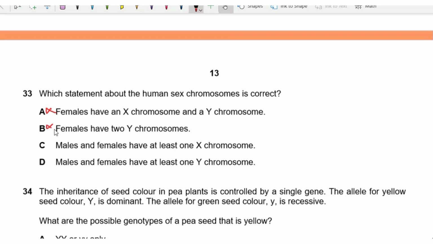No, they have two X chromosomes. Option C, males and females have at least one X chromosome. Yes, at least one X chromosome. While option D, males and females have at least one Y chromosome. No, only the males have the Y chromosome. So the correct answer is option C. Then we'll now move to question 34.